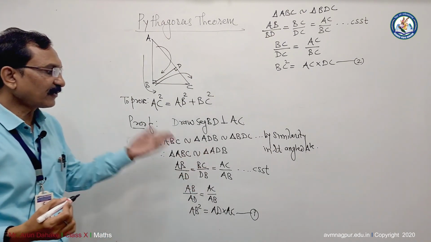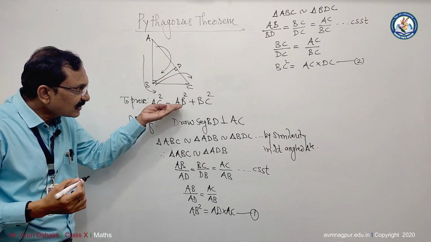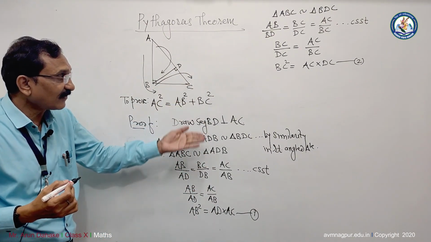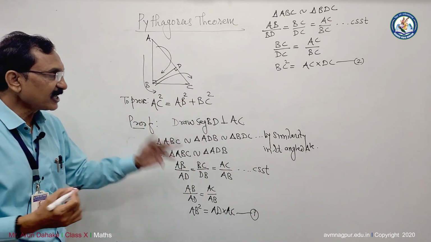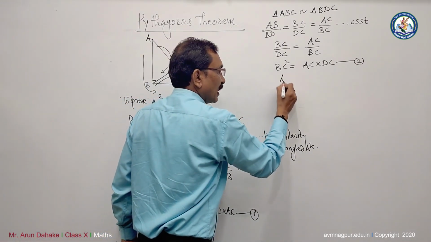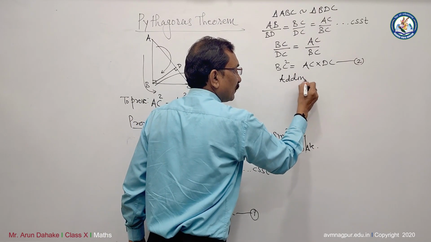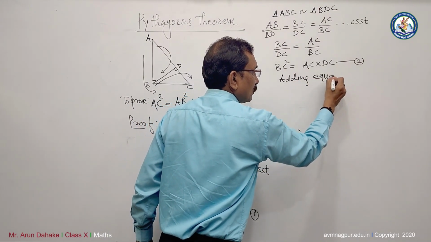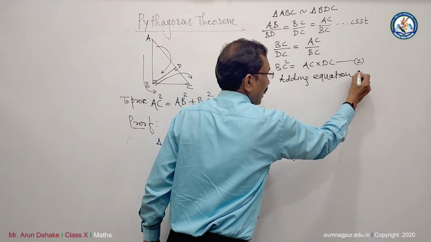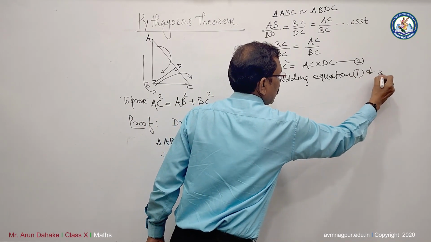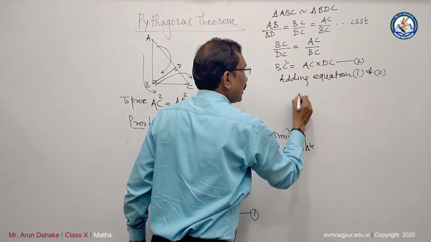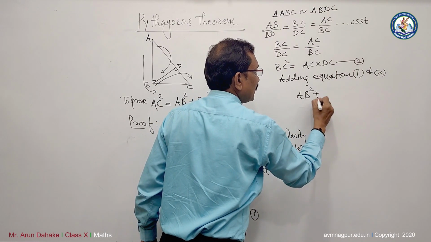After getting these two equations, you will get the right hand side, AB square plus BC square, after adding equations 1 and 2. On the left hand sides you add AB square plus BC square.